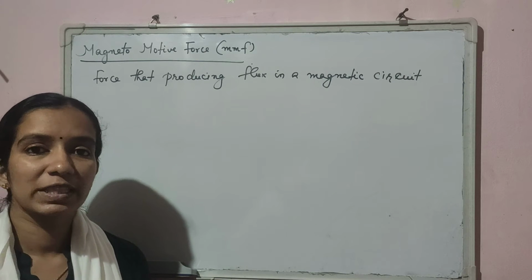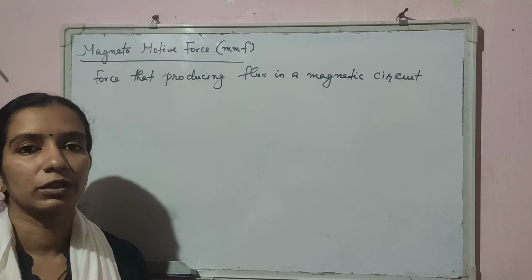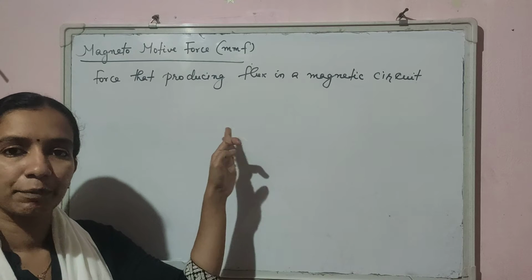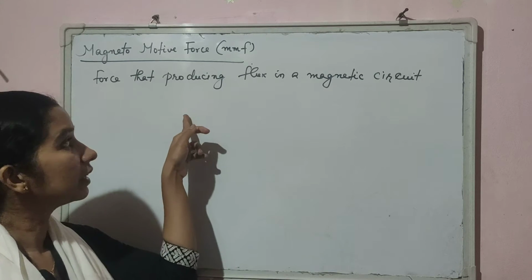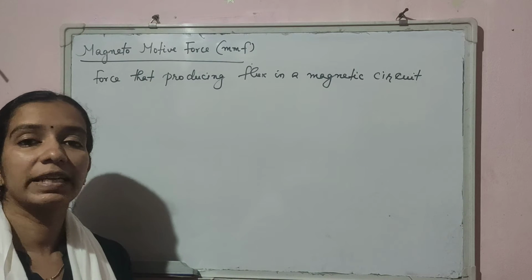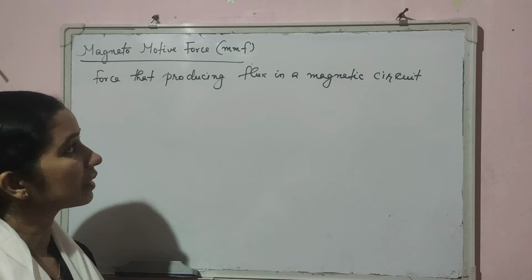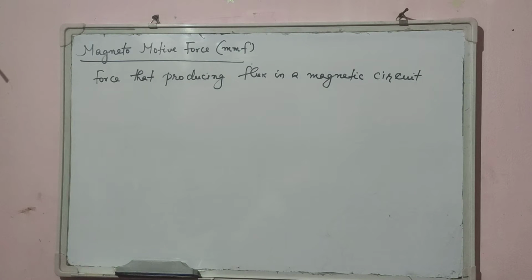So EMF was the force that causes current to flow in an electric circuit. So similarly, in a magnetic circuit, the MMF or magnetomotive force is the force that produces flux in that magnetic circuit. The force that produces flux in a magnetic circuit is known as the magnetomotive force.